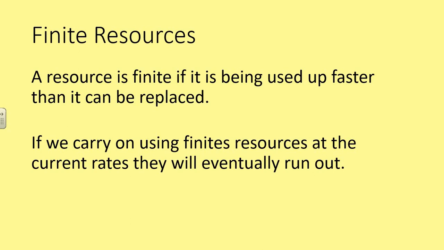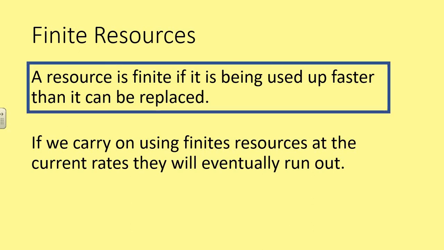And if we carry on using finite resources, oh, apologies for the typo there, it should say finite resources, not finites. So if we carry on using them at the current rate, they will eventually run out. So in that blue box, that is the key definition for finite resources. This is the definition you need to memorise. So make sure you have written that down.